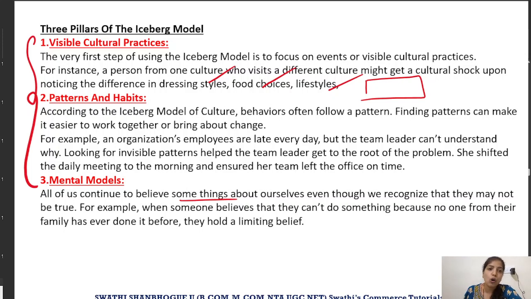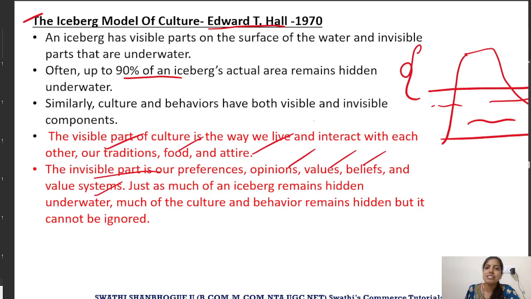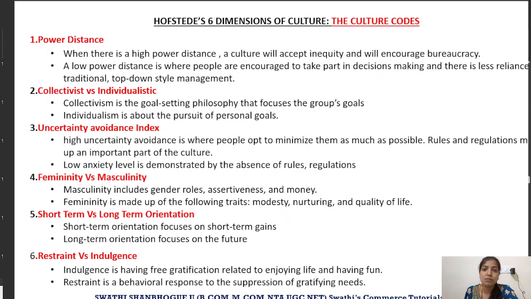Without understanding all these three pillars of the iceberg model, a business cannot run in a better manner, because the products which are framed cannot always be based only on the visible aspects of a particular person. So that is why this iceberg model plays an important role in your socio-cultural environment.